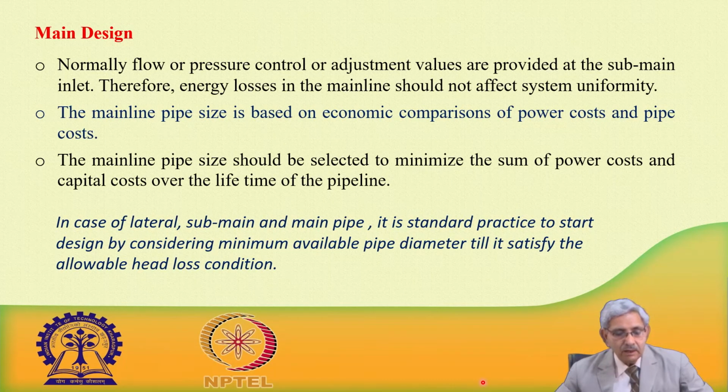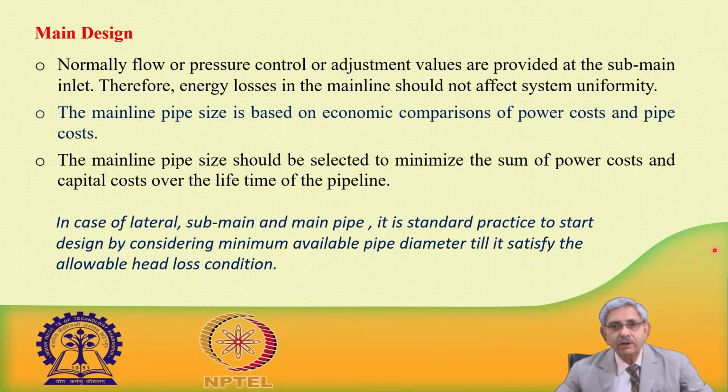Now, in the main pipeline, the flow or pressure control or adjustment valves are provided at the submain inlet. Therefore, energy loss in the main pipeline should not affect the system uniformity. The main pipe size is based on the economic comparison of power cost and pipe cost. Yes, this is another important part, that we need to see how much energy is being consumed.